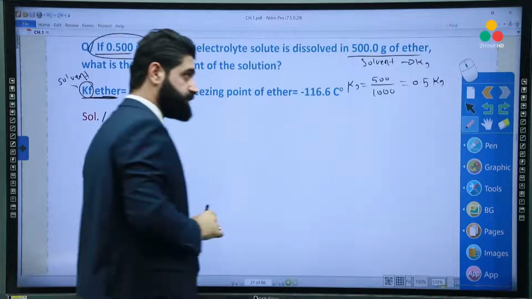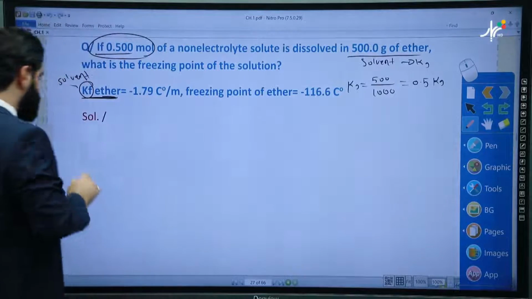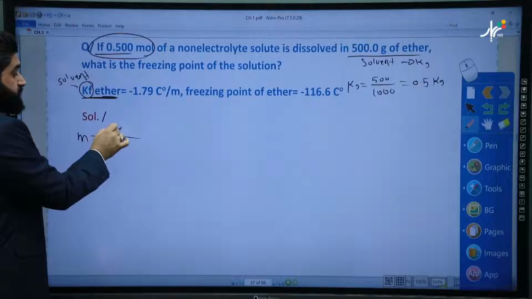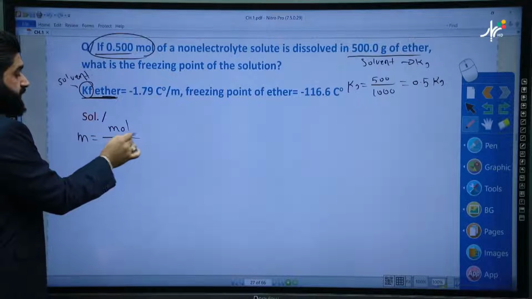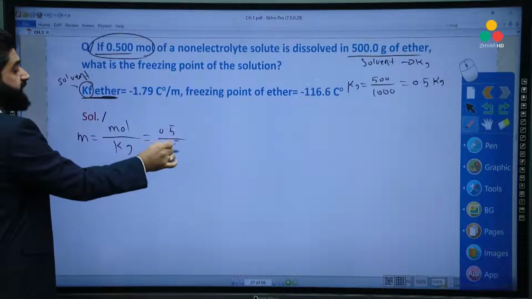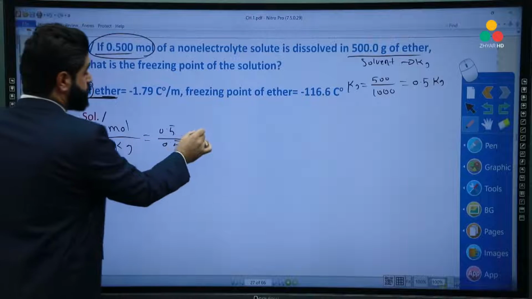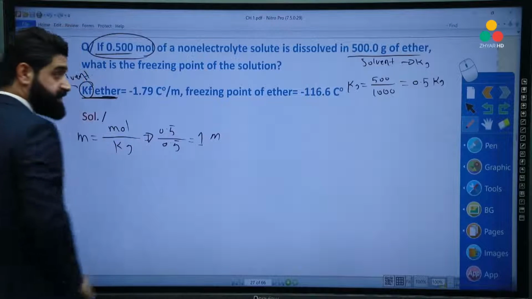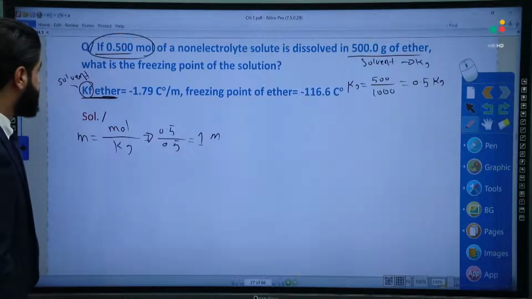It's very easy. And we have moles, so immediately we can get molality. Molality equals moles per kilogram, which is 0.5 divided by 0.5 equals 1 mole per kilogram. Mister, it's very easy actually. It's easier than the other question.